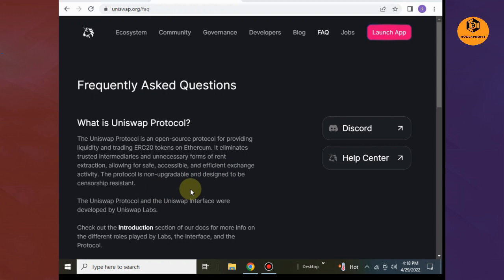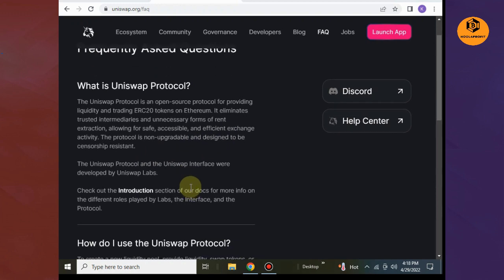The protocol is non upgradable and is designed to be censorship resistant. The Uniswap protocol and the interface were developed by Uniswap Labs.